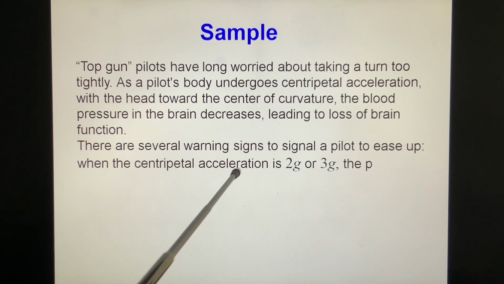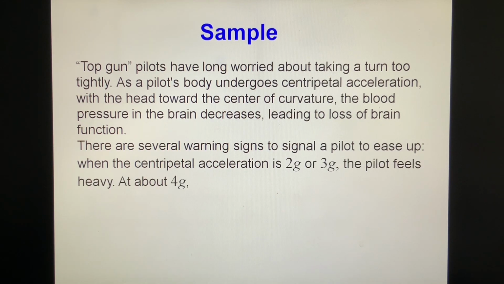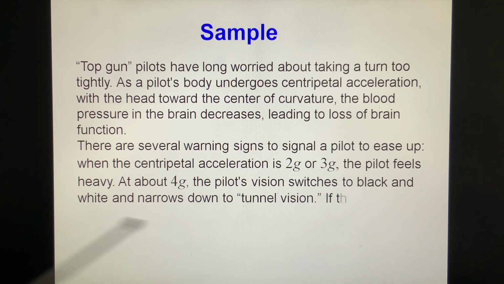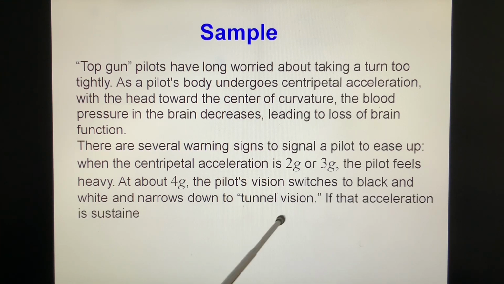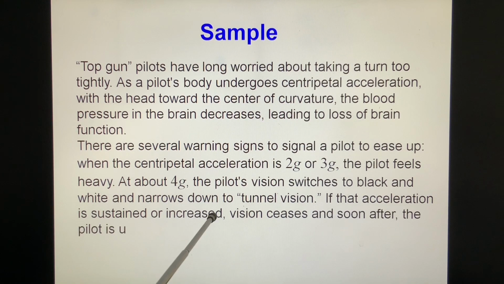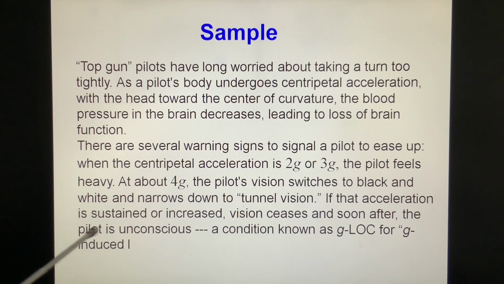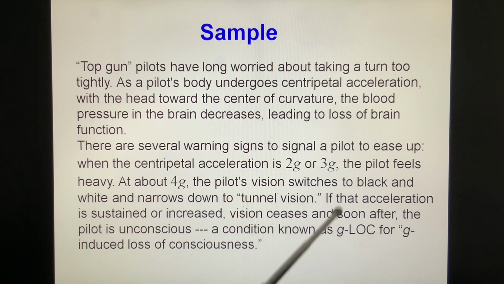When the centripetal acceleration is 2g or 3g, the pilot feels heavy. At about 4g, the pilot's vision switches to black and white, narrowing down to tunnel vision. If the acceleration is sustained or increased, vision ceases, and soon after the pilot is unconscious, a condition known as G-LOC, or G-induced loss of consciousness.